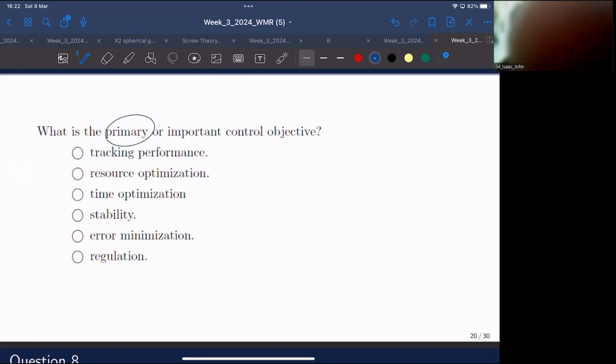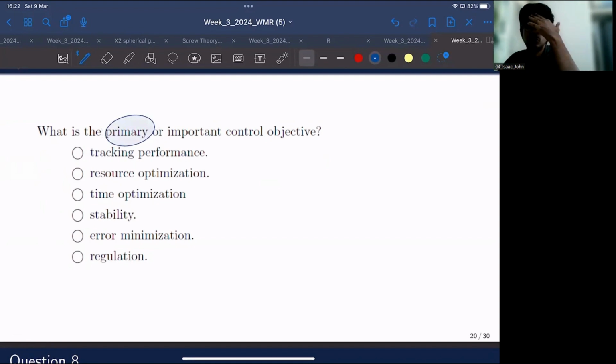Even though we want the robot to, if we design a controller for regularization or trajectory tracking, the first and foremost important control objective is still stability.